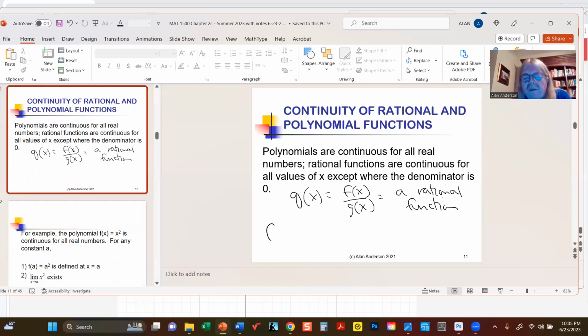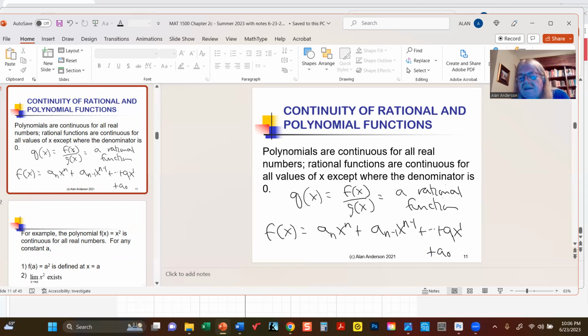And remember, a polynomial from chapter 1 is basically a sum of x to some power with a coefficient, where the exponents are all whole numbers.